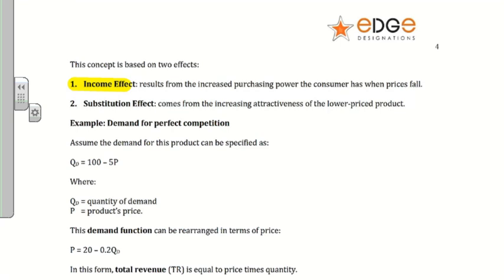The consumer doesn't get any more income or salary, but as prices fall, their purchasing power goes up because they can purchase more of the same good, because prices are lower. And we've got the substitution effect: if your price goes up too much, we'll substitute you and go for a similar product that is lower priced.